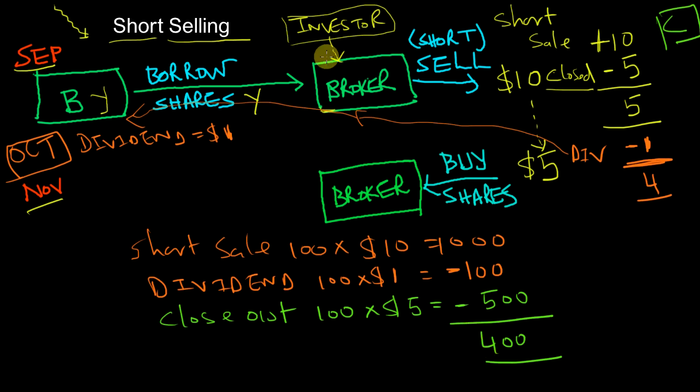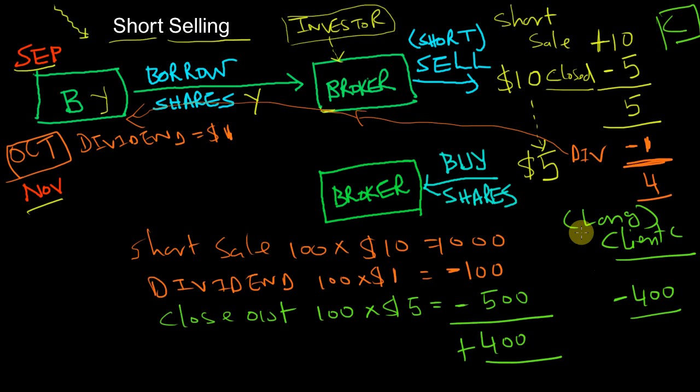If this investor made a profit of $400 out of the short sale, then party C, who took a long position in this transaction, would have made a loss of $400. So if the party who took the short position makes a profit, the party who took the long position will make a loss. Vice versa, if the party who takes the short position makes a loss, then the party who takes the long position will make a gain.